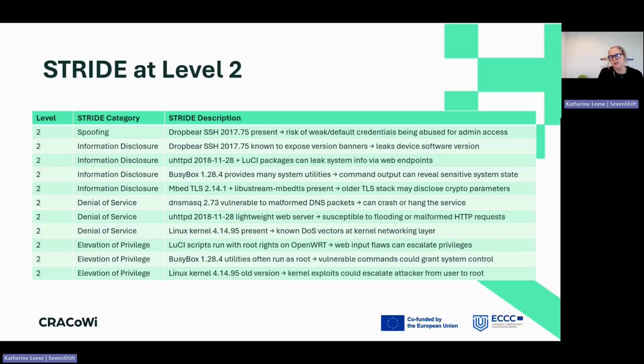Important to note here as well is that it's not just about getting one item for every STRIDE letter. You want to keep going until you can't think of any more. You can see we've got 1 point for spoofing here, but 4 points for information disclosure.